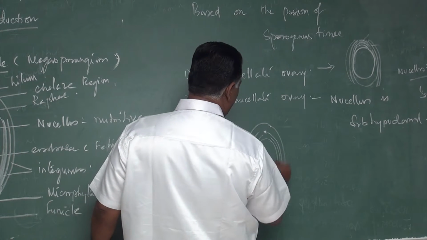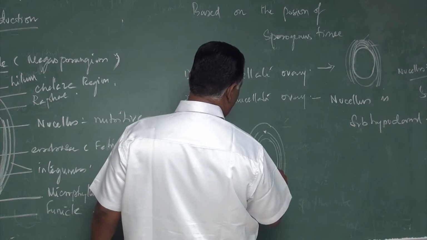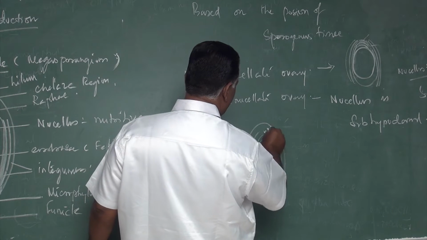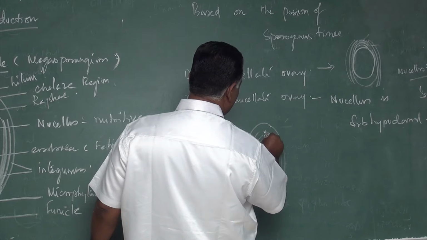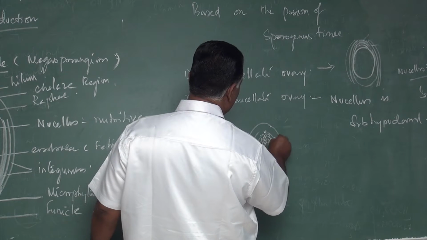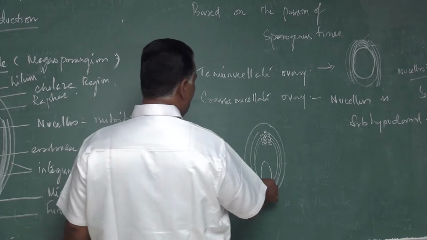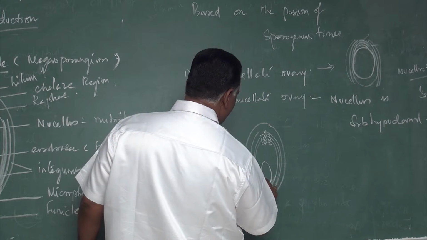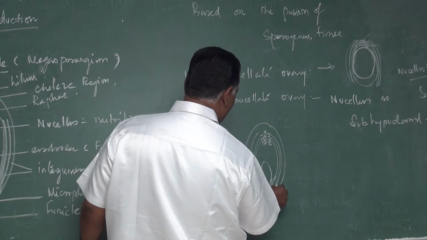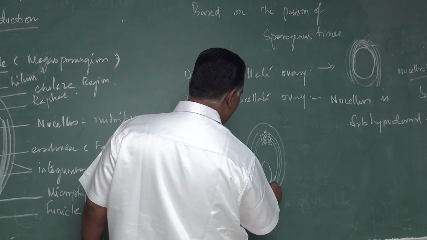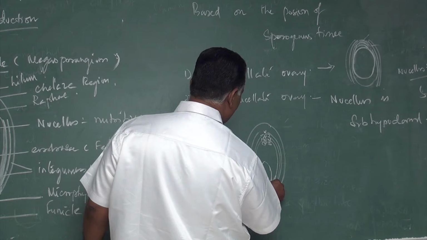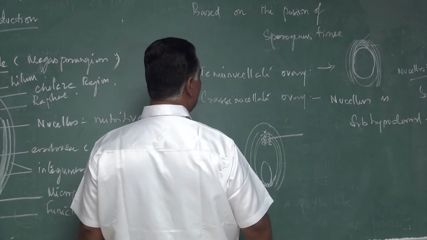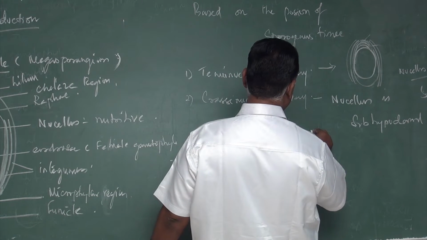In between the chalazal region and the embryo sac, there are certain cells which have thick walls, and here in the micropylar region also, in between the embryo sac and the micropylar region, there are some thick cells. The thick-walled cells at the base are called hypostase.